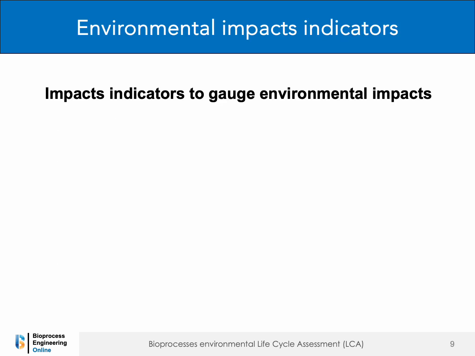During the life cycle impact assessment stage, every environmental impact under consideration undergoes evaluation using specific impact indicators. Impact indicators serve as measurable variables that gauge the contributions of life cycle material and energy inputs and outputs to the impacts.